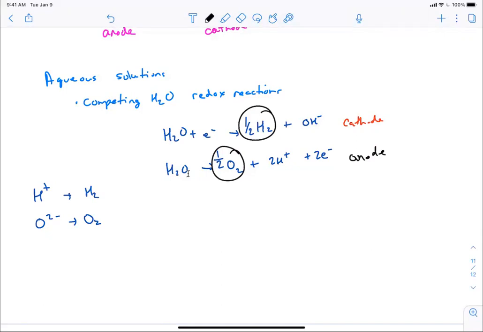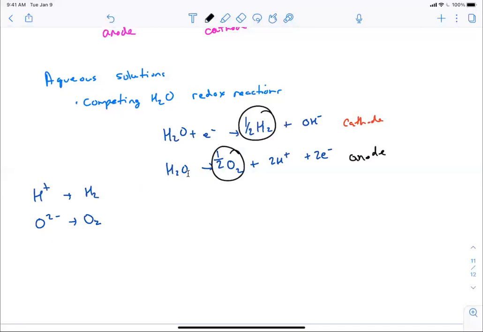Oh, no, that's right. Sorry, I was wondering why they were both halves, but I forgot you doubled the top reaction. And so you could produce H2 and O2 as your products in some of these solutions. Like in a dilute NaCl solution, neither Na nor Cl reacts, and so you'll get H2 and O2 as your products. H2 at the cathode, O2 at the anode.